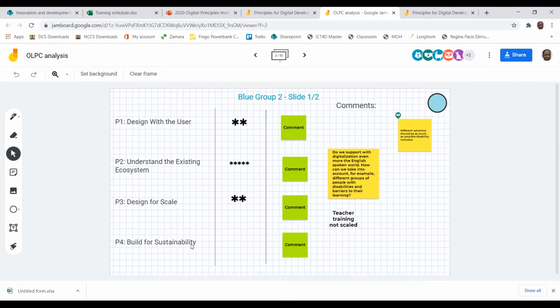And that's something that was not considered when this OLPC was designed. The one group was missing.